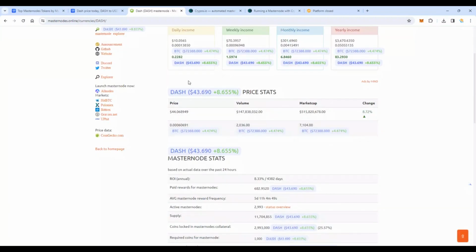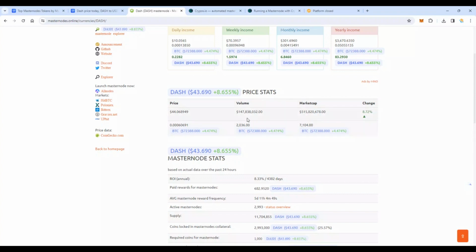Now, you can see that is about the income. Then we can see here we have some other important information about the masternode, and you can see the price is currently $44, which is equivalent to 0.0006 bitcoins. Then we have the volume. Yeah, this is the trading volume.